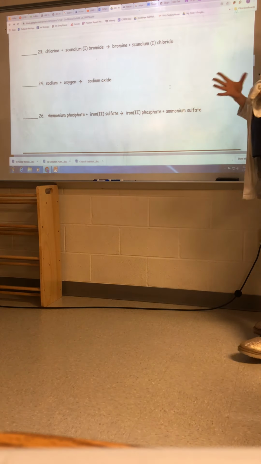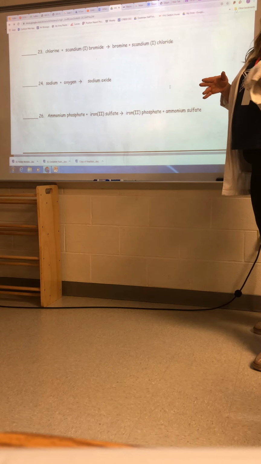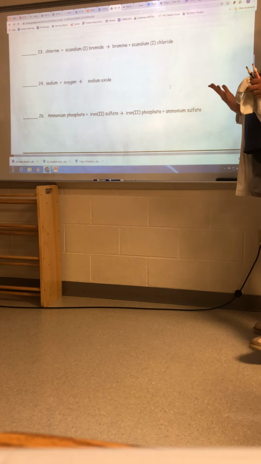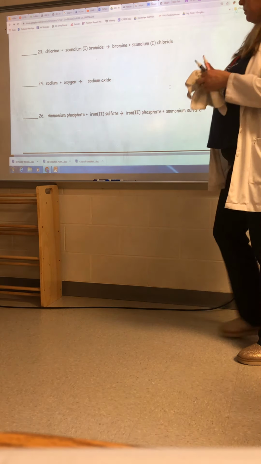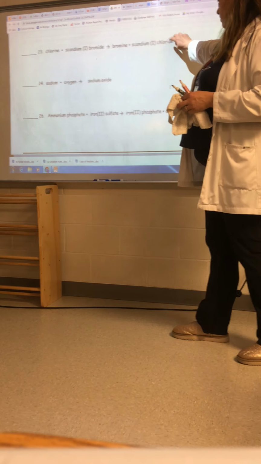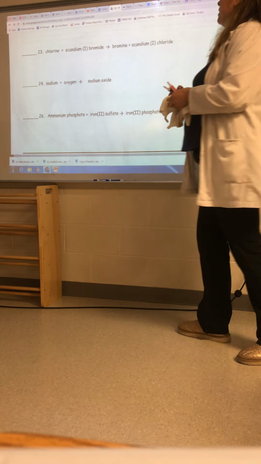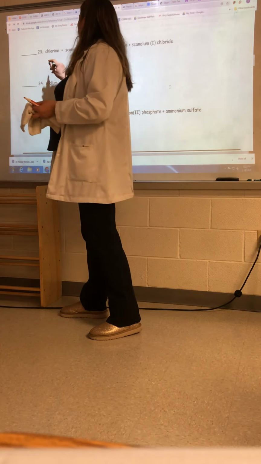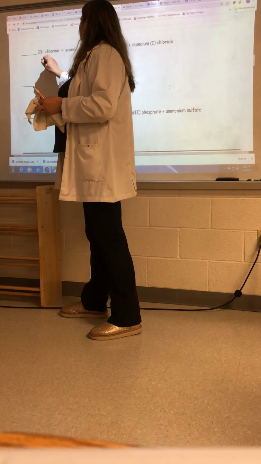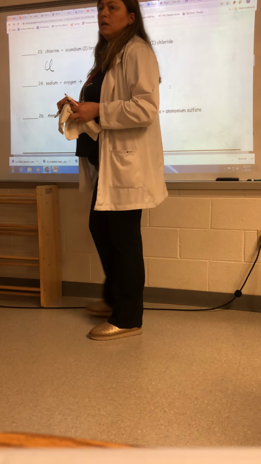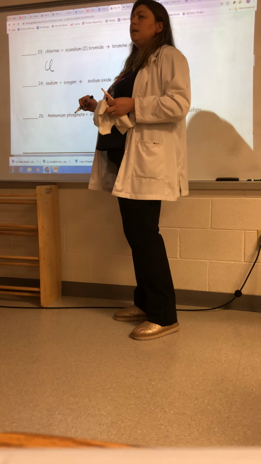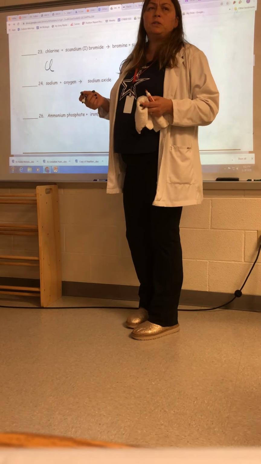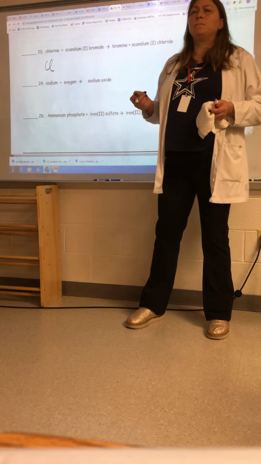Okay, so here, you're doing the same thing as you did before, except you don't have formulas, you just have the names written out. I can do this one. This one is a little harder. I can do this one. So chlorine, let's start with chlorine. It doesn't give me the state, but it is Cl, right? Chlorine, is it diatomic or monoatomic, by the way?